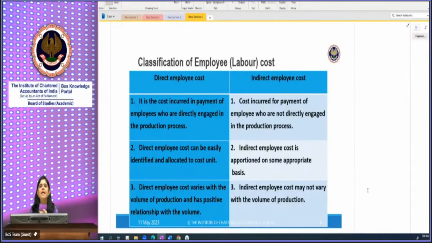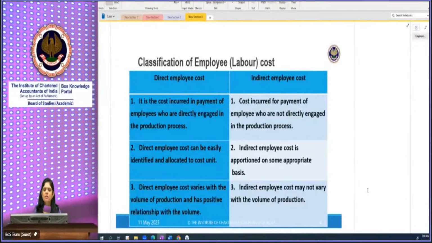We cannot exactly measure how much time the supervisor has given to product A, product B, product C. That is indirect cost. Salary of the general manager, salary of the staff, whosoever is indirectly related is called indirect employee cost. But what we pay to those who are working directly with the product, the job or the order is a direct labor cost or direct employee cost.